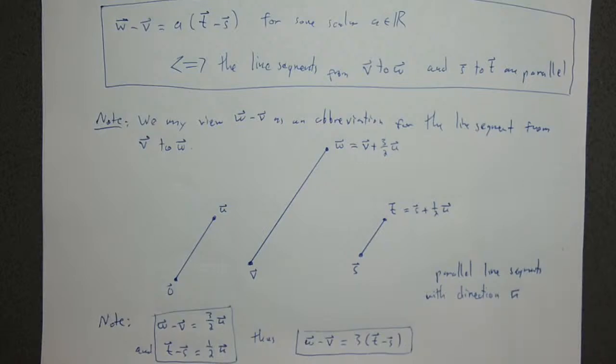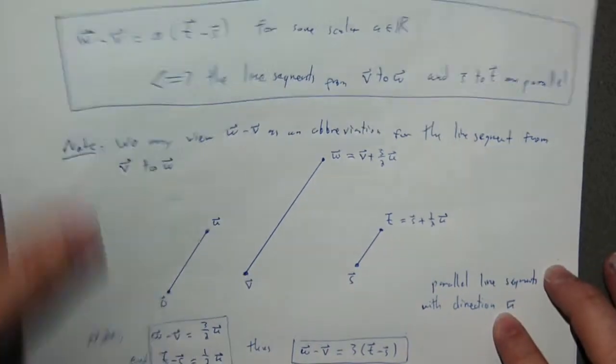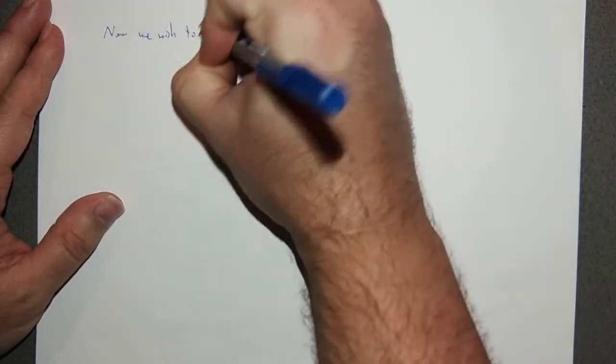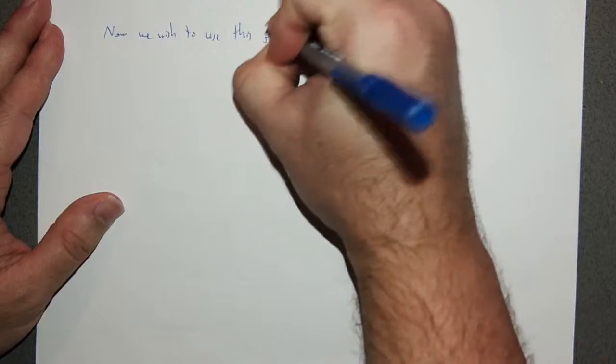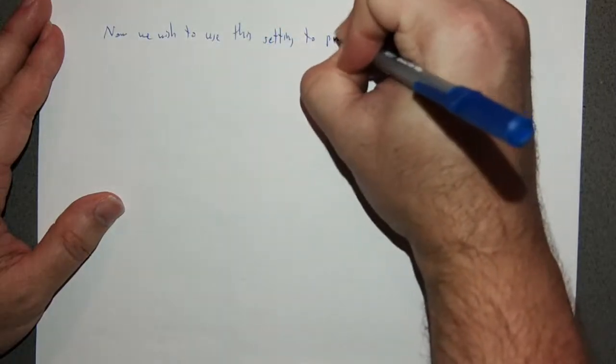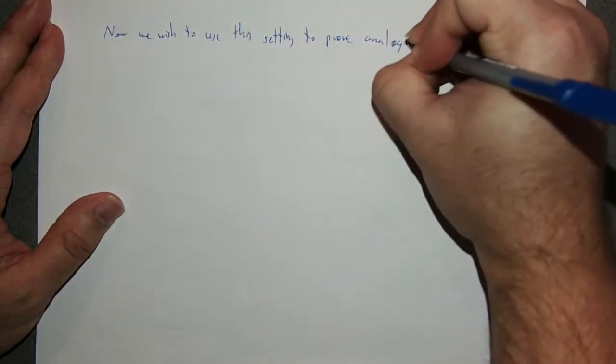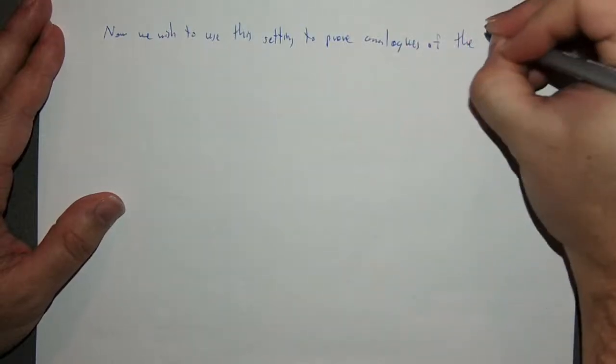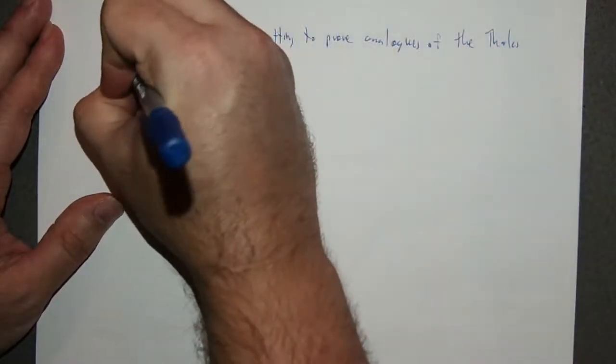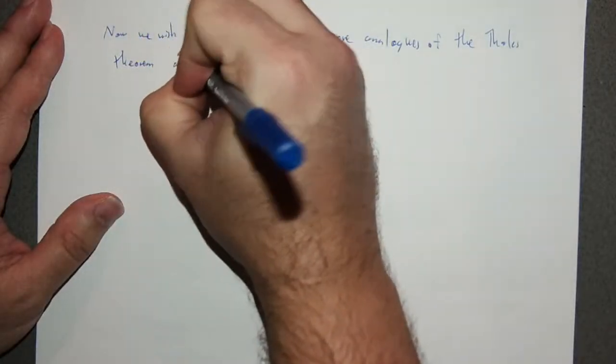Now, to show where we're going with this, the idea is to do the following. We now wish to use this setting to prove analogs of the Thales theorem and Pappus theorem.